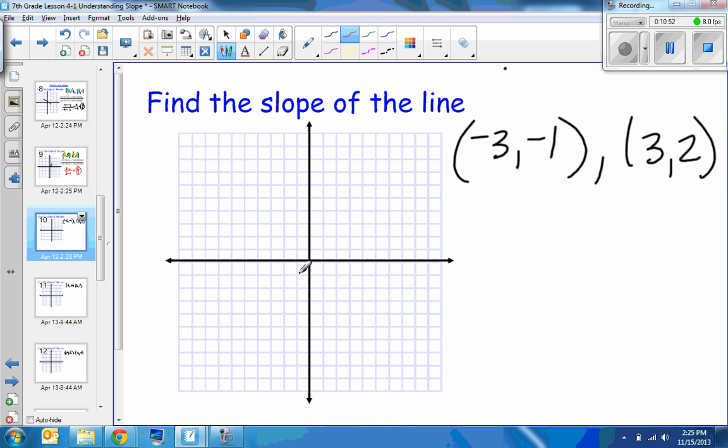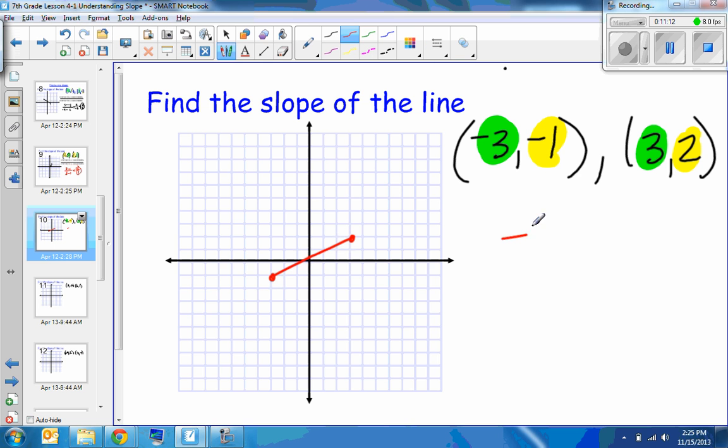So let's look at one more. Negative 3, negative 1, and 3, 2. So I'm going to find my change in y, negative 1 minus 2, and then my change in x, negative 3 minus 3.